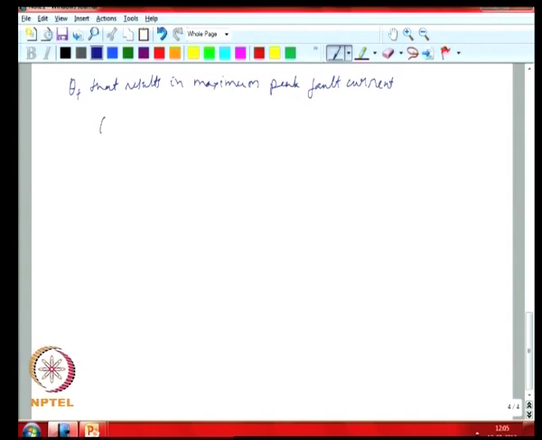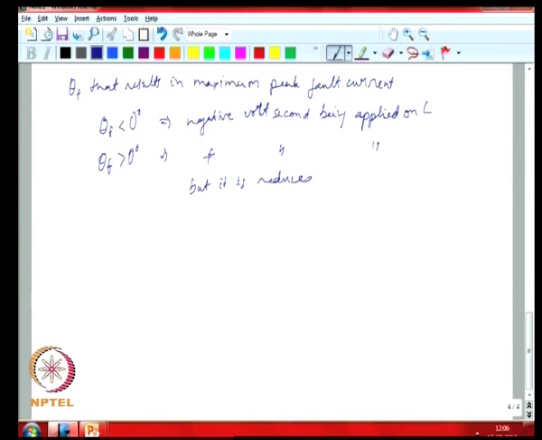If theta f happens before 0, then essentially you are applying a negative volt second to the inductor, and if theta f is greater than 0, you actually have a positive volt second being applied, but it is reduced compared to the volt second for theta f equal to 0.